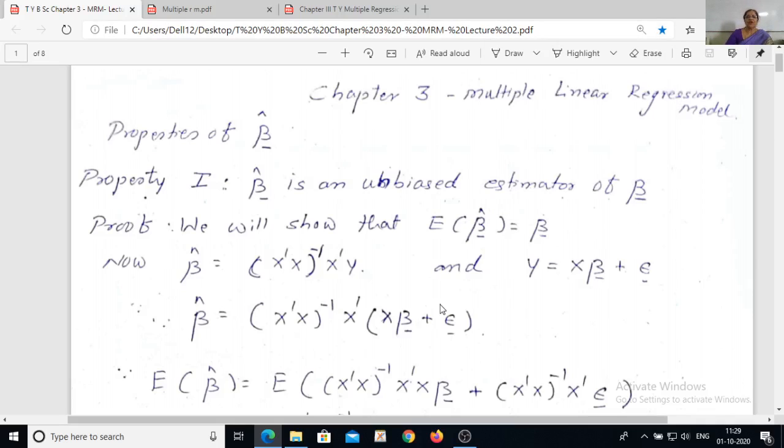Welcome to the lecture on the multiple linear regression model, and we have discussed what we mean by beta cap, that is, the regression coefficient, in terms of matrix notation.